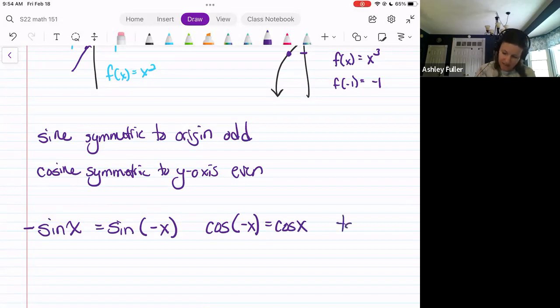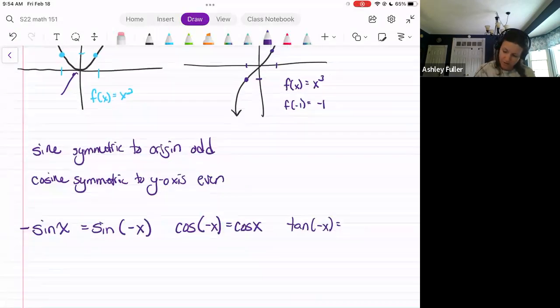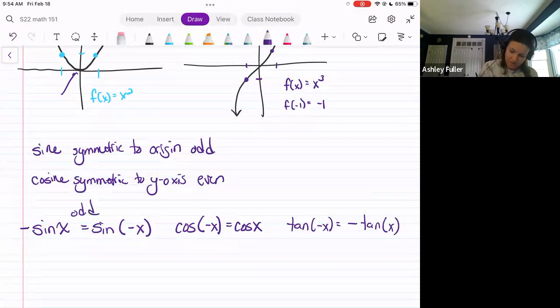And the tangent of negative x is equal to the negative tangent of x. In other words, sine is odd, cosine is even, and tangent is odd.